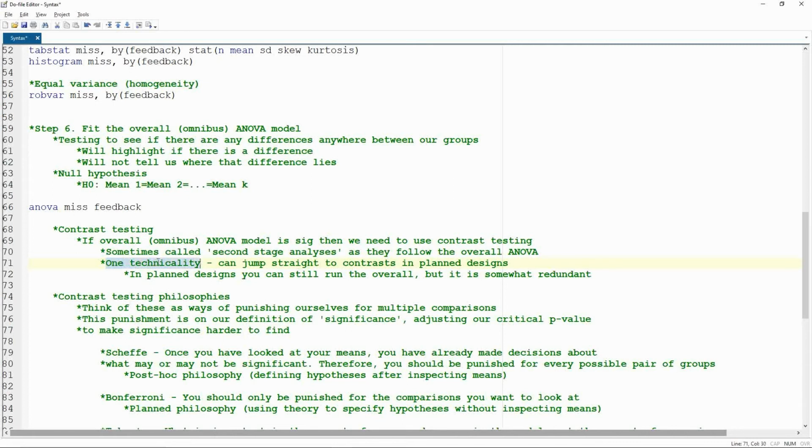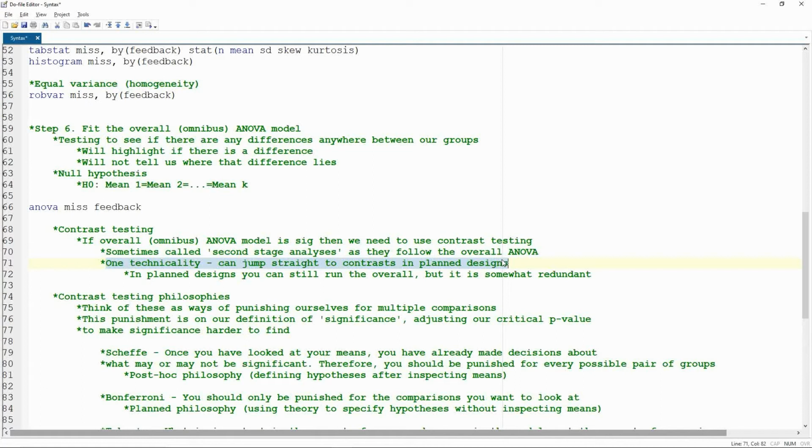There's a technicality with this. If you have a planned design, if you have hypotheses, if it's a priori, whatever term you want to use, technically you can skip the omnibus and go straight to second stage analyses. The reason is, if you were commissioned to be on a study and you're given a hypothesis, having a non-significant overall technically doesn't answer the hypothesis question. You still need to test the hypothesis explicitly, even though the odds are it's going to give you the same result.